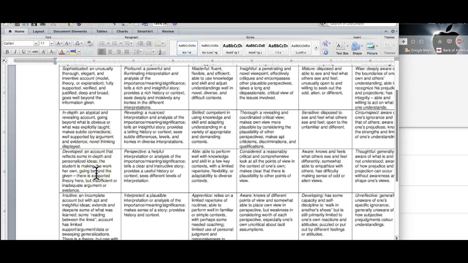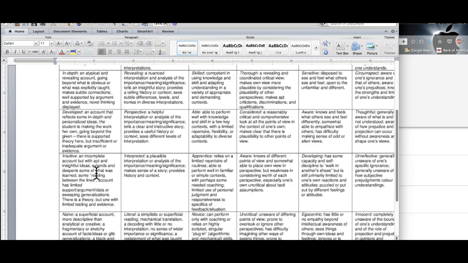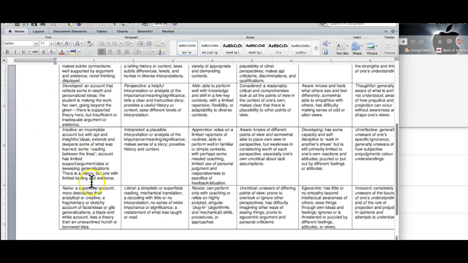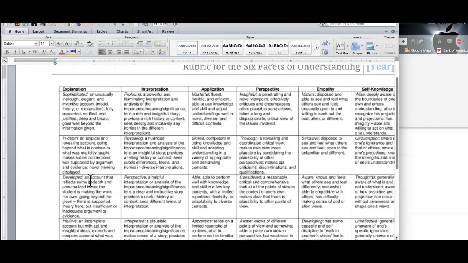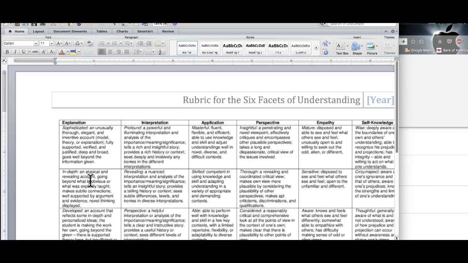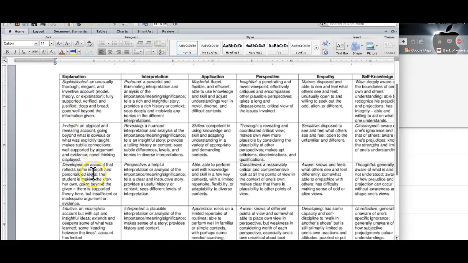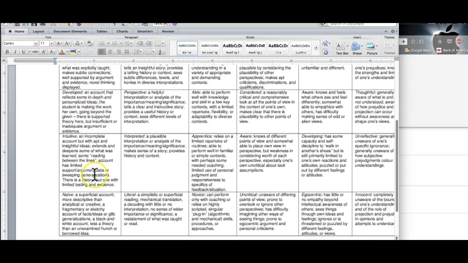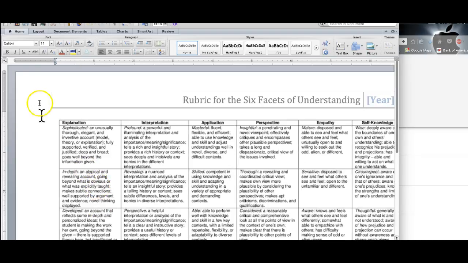But what it does do is it does a nice job on this side of breaking down how explanation would look: a sophisticated one, an in-depth one, a developed one, an intuitive one, and so on. What that would look like. So that's why I included it.